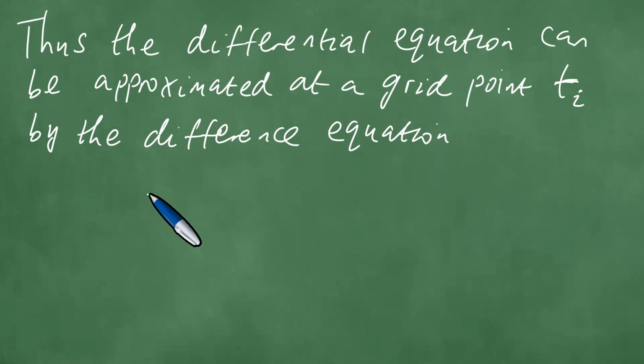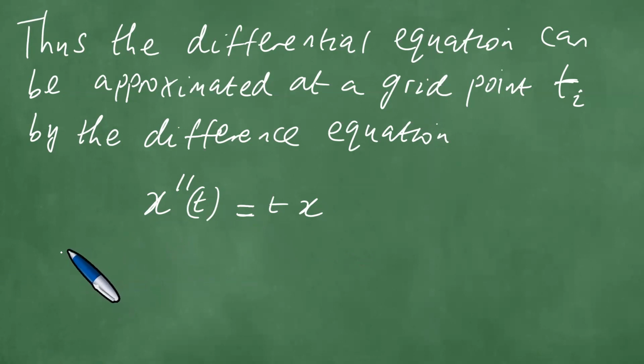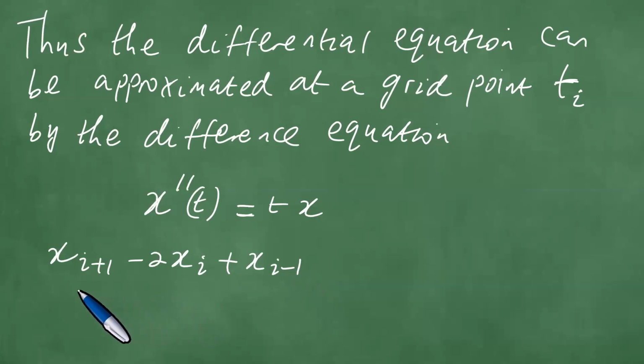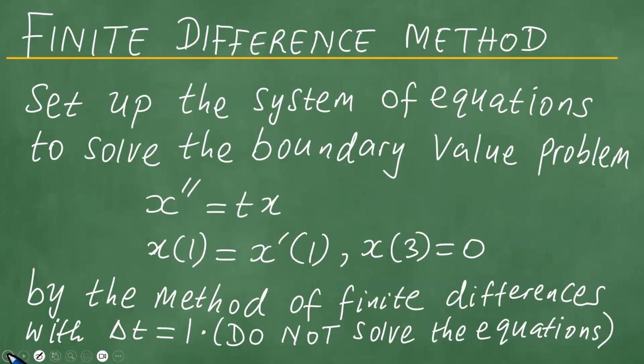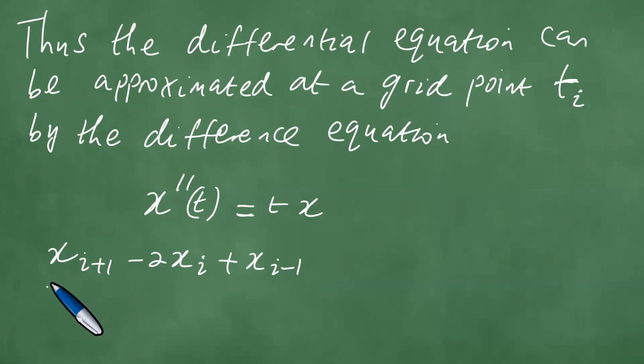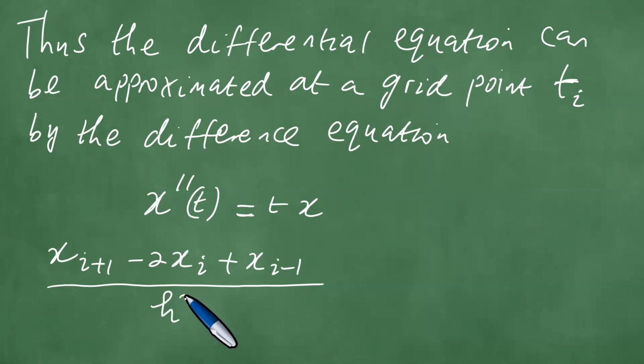We can write x double primed of t equals tx, which means x sub i plus 1 minus twice x sub i plus x sub i minus 1 for this x double primed, divided by h squared, is equal to t sub i times x sub i.